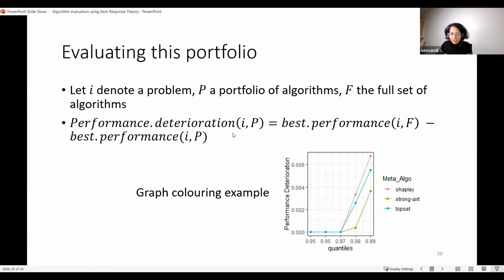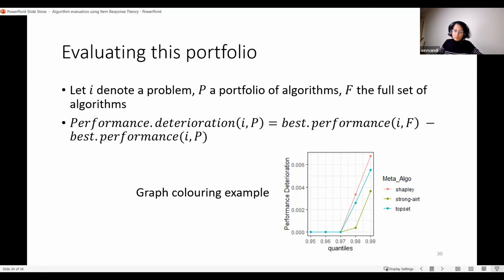When we compare it with other portfolios, we are looking at a metric called the performance deterioration metric. If I is the problem, like the graph coloring problem, for example, P is a portfolio of algorithms, and F is the full set of algorithms, then the performance deterioration for that instance I using P is the best performance when you use the full set of algorithms minus the best performance when you use that particular portfolio.